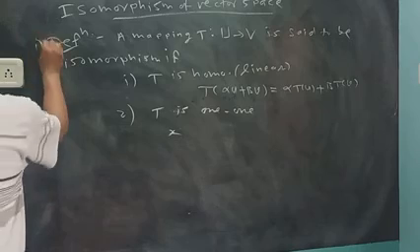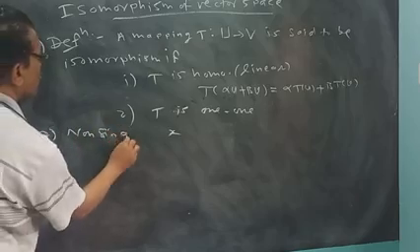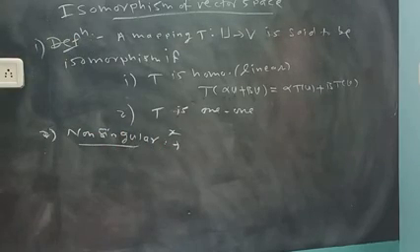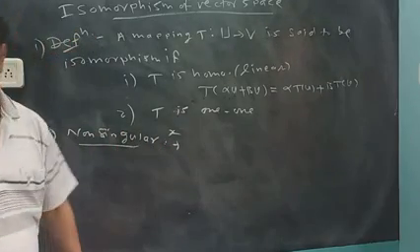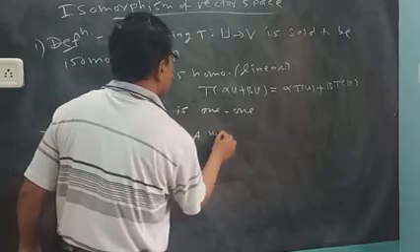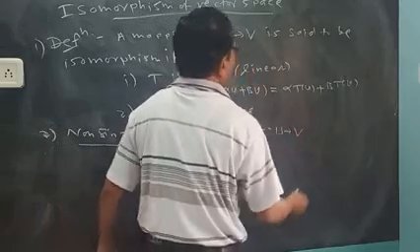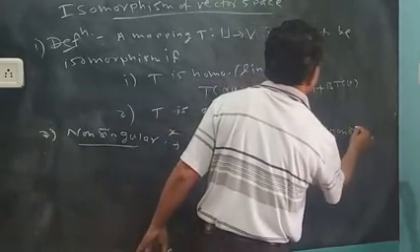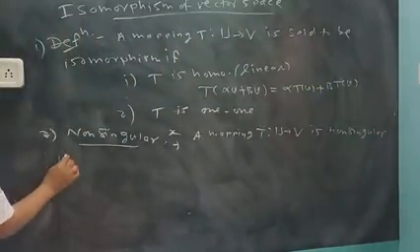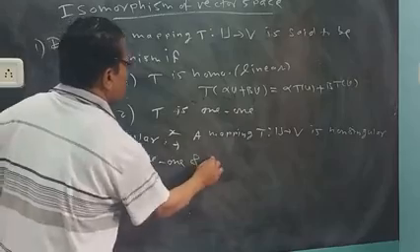Then we define a non-singular mapping. Okay, say a mapping T from U to V is non-singular if this mapping T is 1-1 and onto, 1-1 also and onto also.